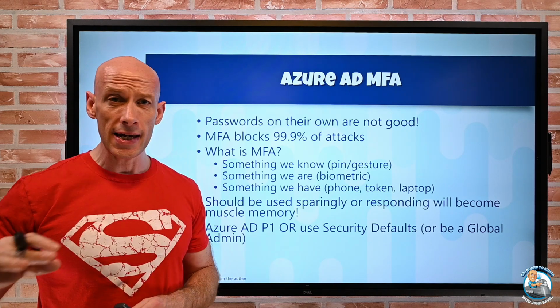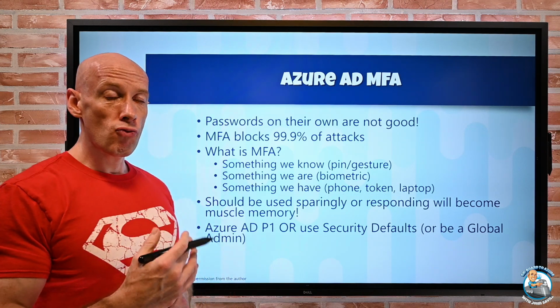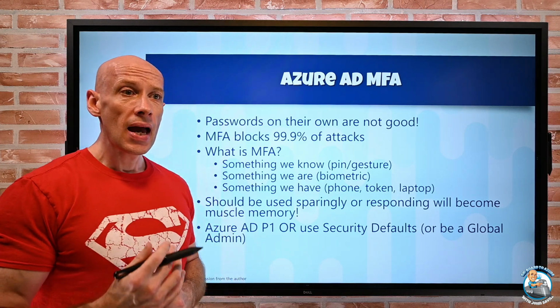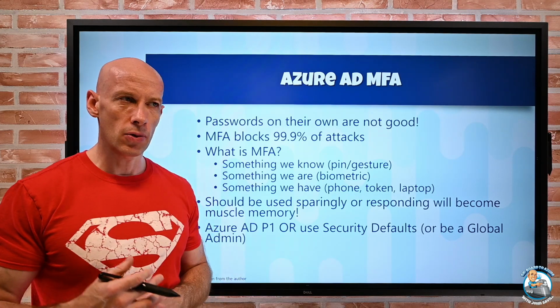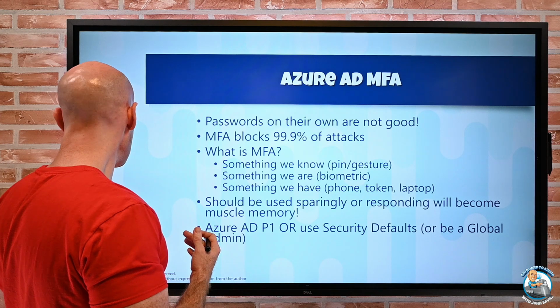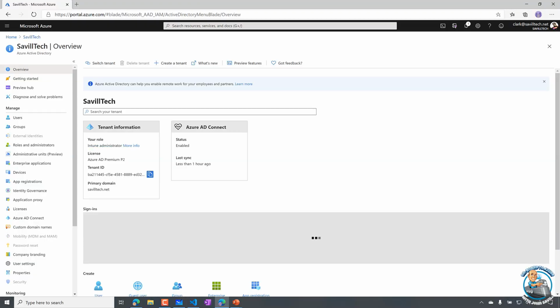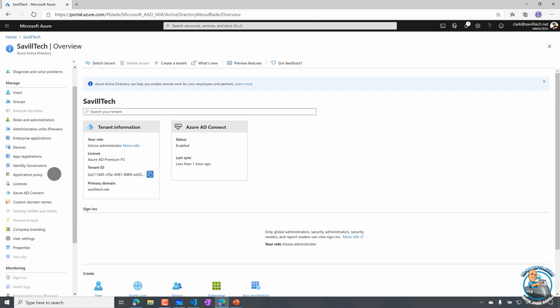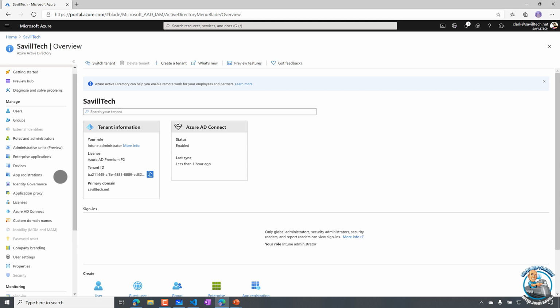If I'm just on the free SKU, there's something called security defaults that will make people register for MFA, and it will make them do MFA if they access things like the Azure portal or PowerShell or CLI. I can turn that on. So if I actually go, and I'll see if I can remember this, I'm probably not going to remember exactly where it is, but I think it's under Security.